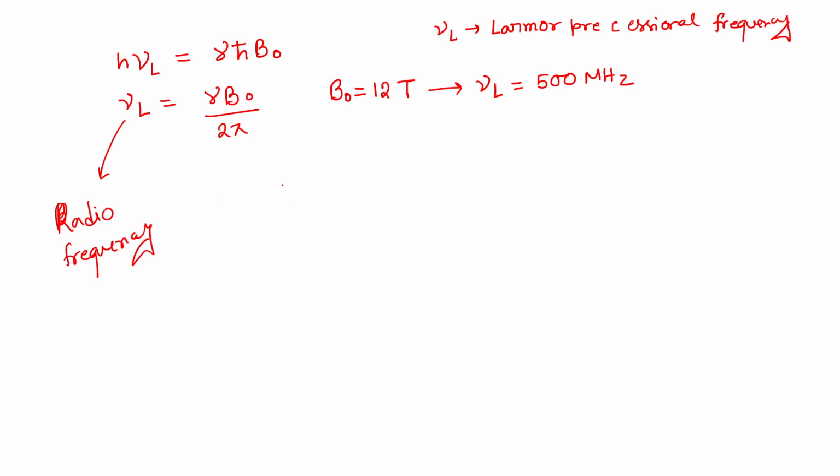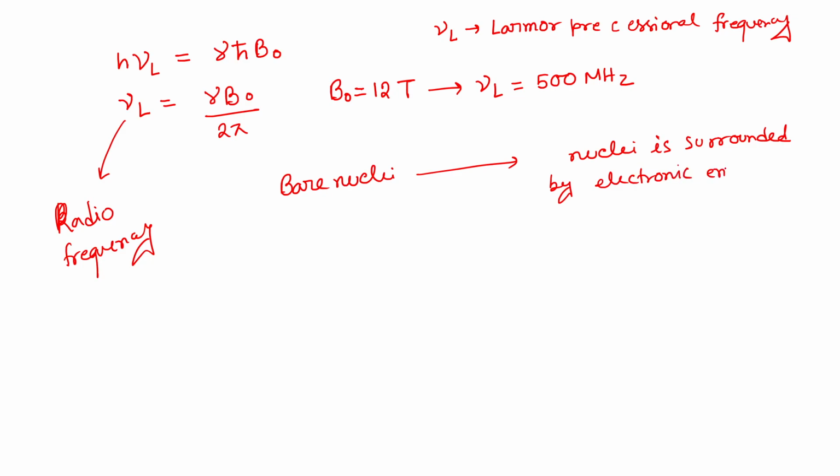So going from a bare nucleus to a molecule where the nucleus is surrounded by an electronic environment, obviously different nuclei will have different electronic environments, and based upon that their Larmor frequency is going to be different for different nuclei.